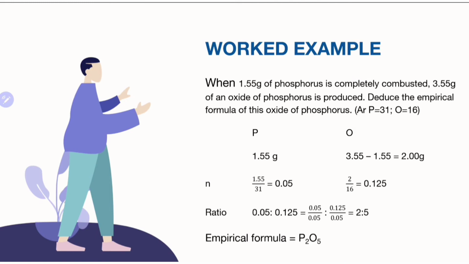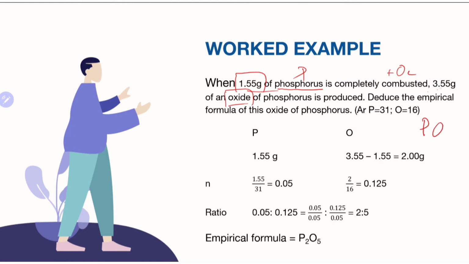Now again, when 1.55 grams of phosphorus P is completely combusted with O2, the oxide is a compound of an element with oxygen. So we have P and O. This is the compound.